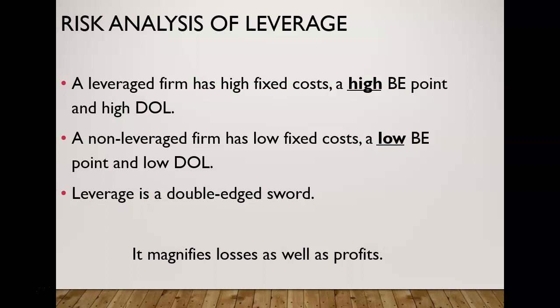So, a high leverage firm has high fixed costs, as we showed you in those two examples of the risky firm versus a more conservative firm. A high leverage firm would be more risky, with higher fixed costs and a high break-even point. You notice that break-even point was all the way up to 50,000 units or $100,000 in sales, and a high degree of leverage.